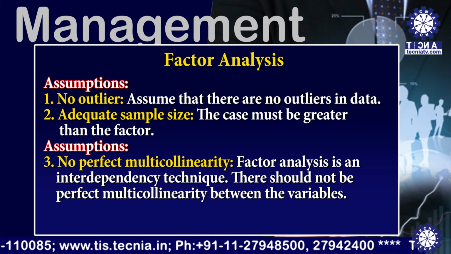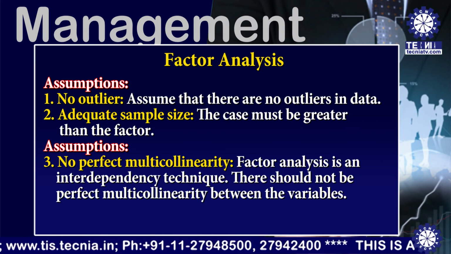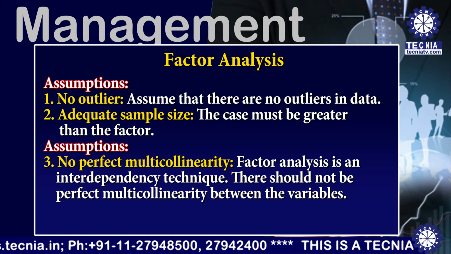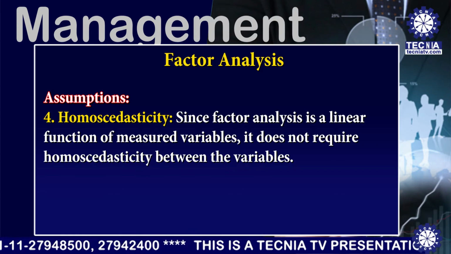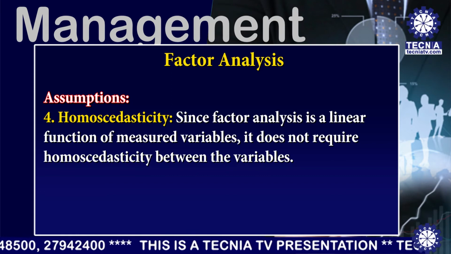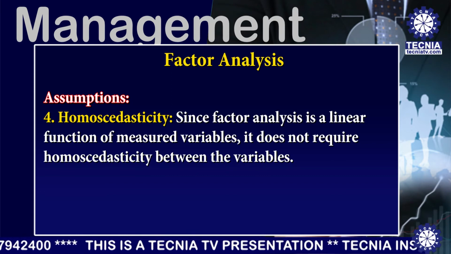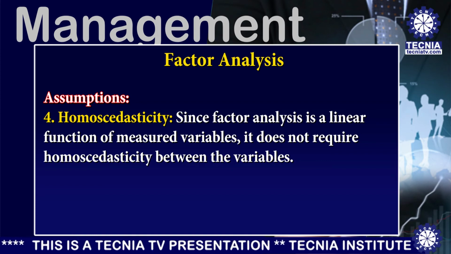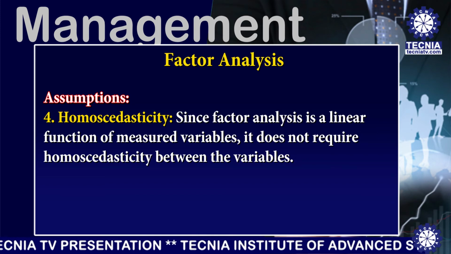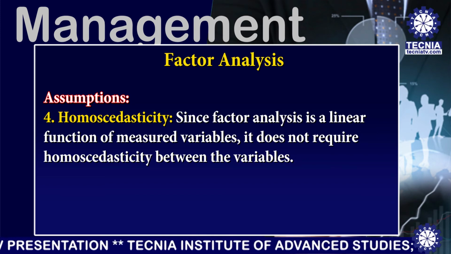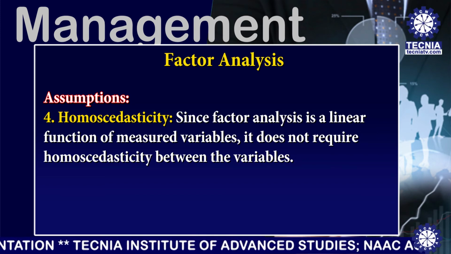There should not be perfect multicollinearity between the variables. Fourth one, that is homoscedasticity. Since factor analysis is a linear function of measured variables, it does not require homoscedasticity between the variables.